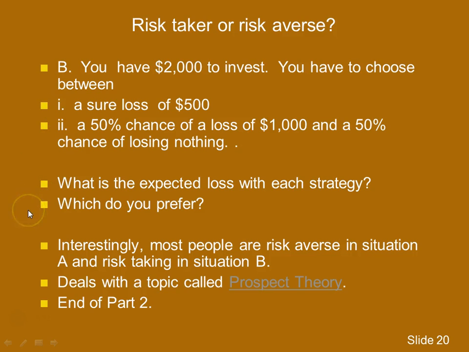Again, we ask the question, which do you prefer? Would you rather have the sure loss of 500 or take the risk? One of the reasons this is interesting is if we think the world is composed of people who like to take risks, risk takers, and people who don't like to take risks, risk avoiders. Let's start with the risk avoiders.